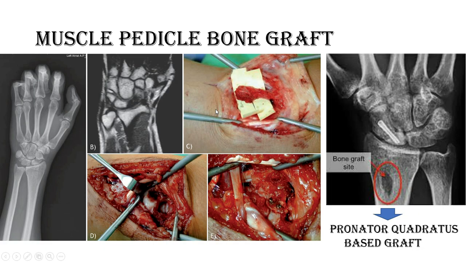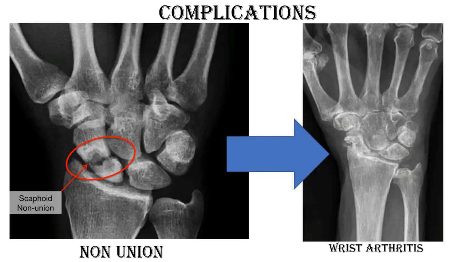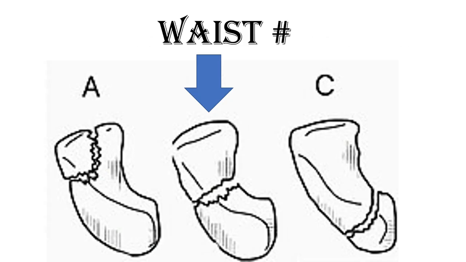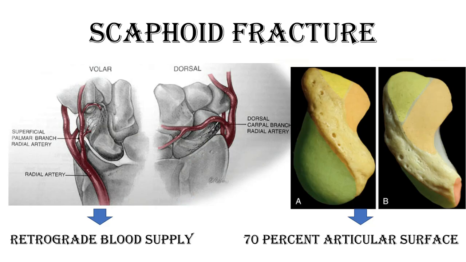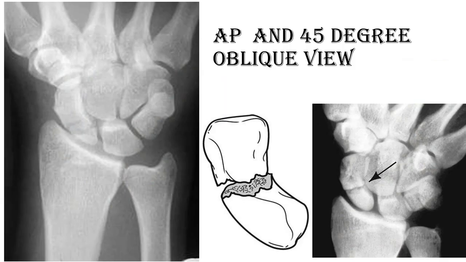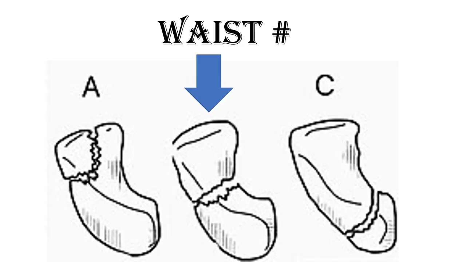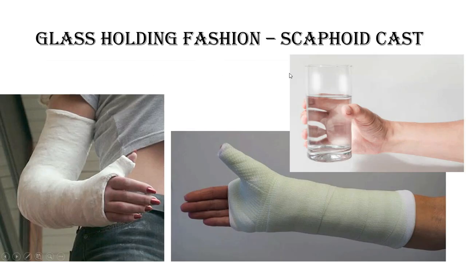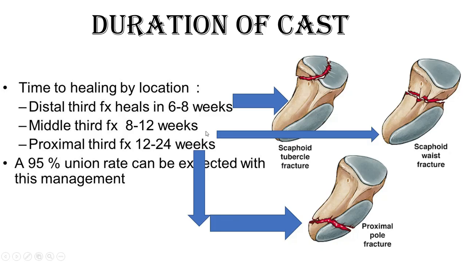So this is all about scaphoid fracture. So I will just give a small revision. When any type of fracture comes, you have to start from the anatomy and its blood supply, then the mechanism of fracture, then the clinical findings, then the radiological findings, then the classification of the fracture, and here waist fracture is most common, and then the treatment protocol, and after that how long you will keep the plaster.